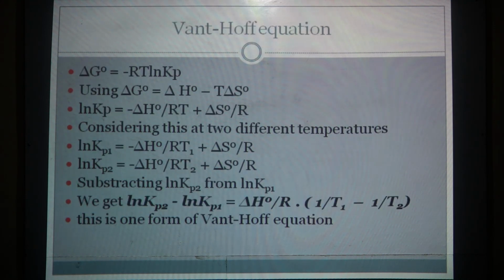Van 't Hoff equation. Delta G0 is equal to minus RT ln Kp.